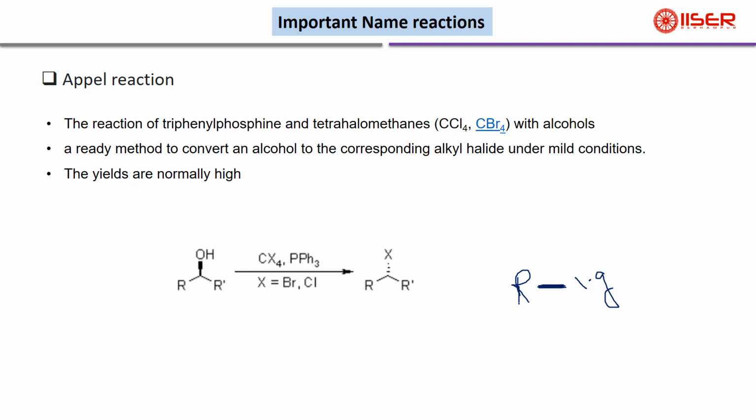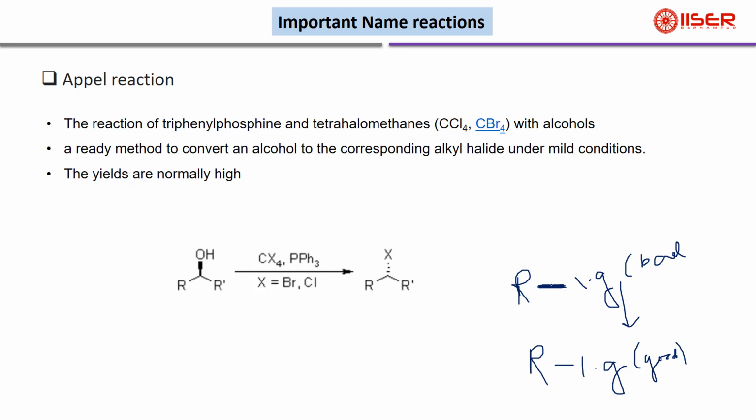In that case, we perform such a kind of reaction so that this bad leaving group, after some reaction, becomes a new kind of leaving group where it acts as a good leaving group, meaning the bond between this carbon and this leaving group is weaker than the previous one.